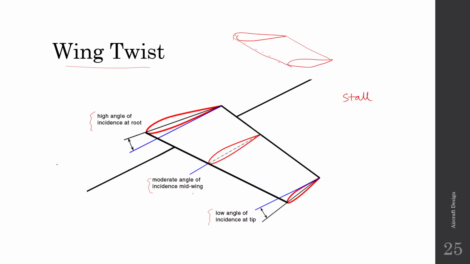Then what happens is that suppose you are at the stall angle, since your root angle of incidence is higher, the root region will stall first. So this will stall first, and this will stall last.